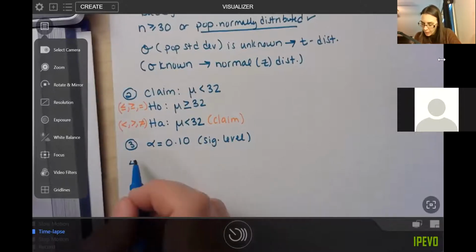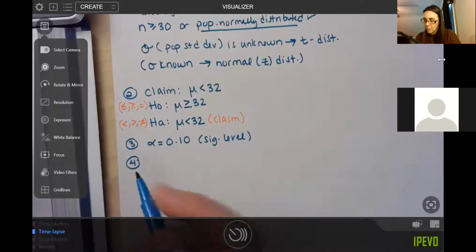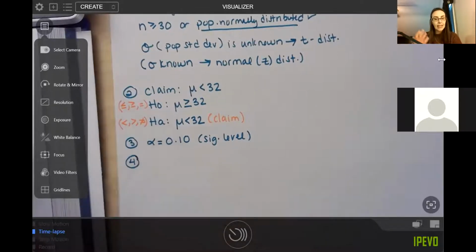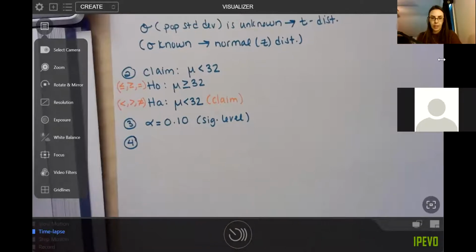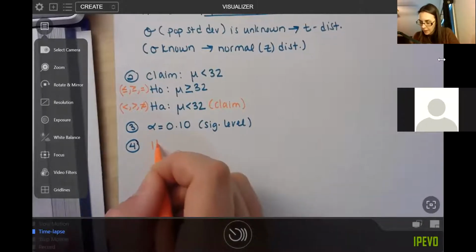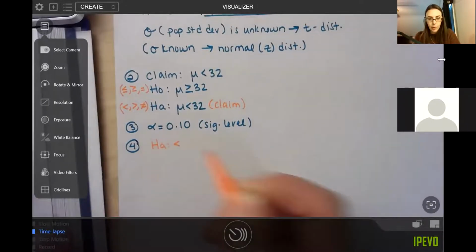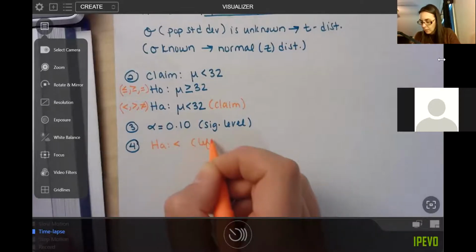All right. Now, for steps 4, 5, 6, I tend to put them mostly together. But at this point, we're looking at finding that test statistic. We can draw our picture, figure out what kind of test we're looking at here. So one thing I am going to note is, because my alternative hypothesis has a less than symbol, I do have a left-tailed test.